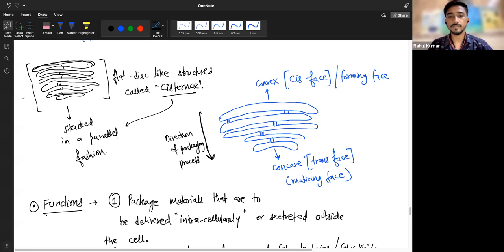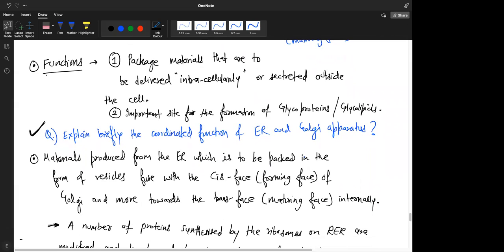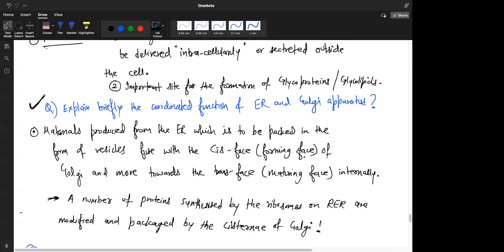That's why it's called the maturing face. So the material produced from ER, which is to be packed and transferred to other cell organelles, first goes through the Golgi bodies. It enters the cis face, the forming face, and moves towards the trans face. Golgi also remains in close association with ER.